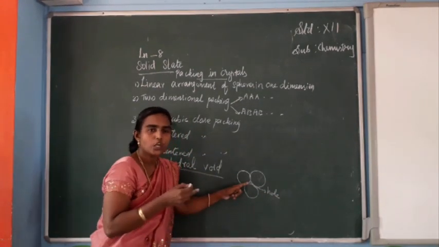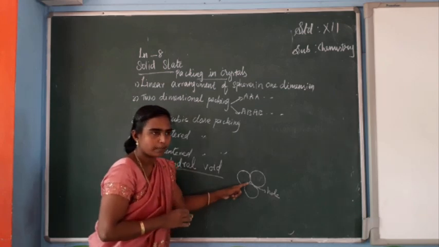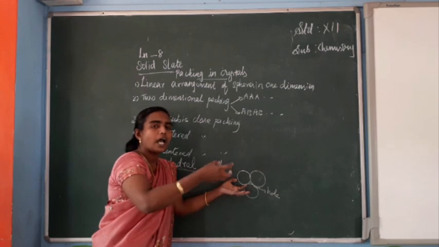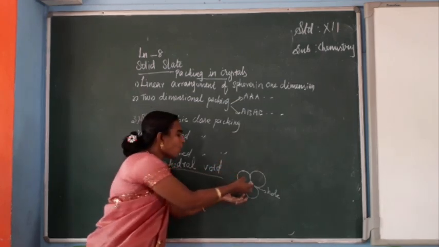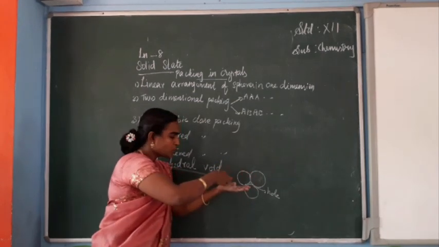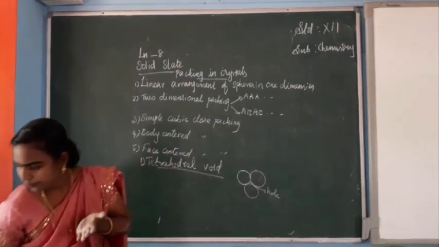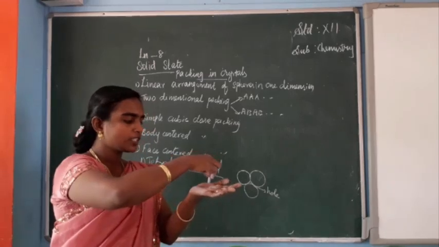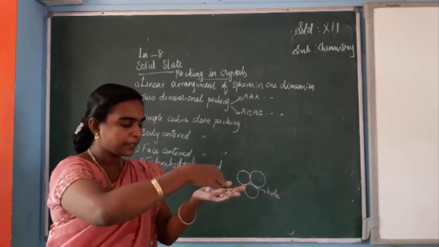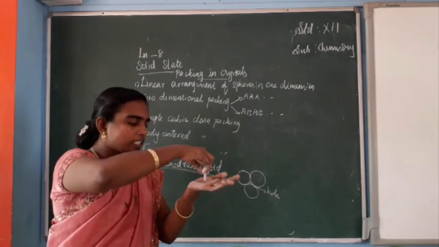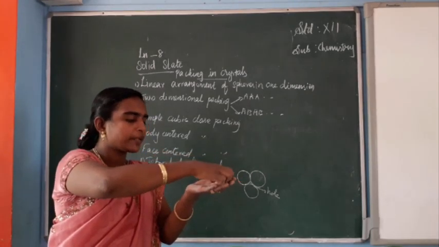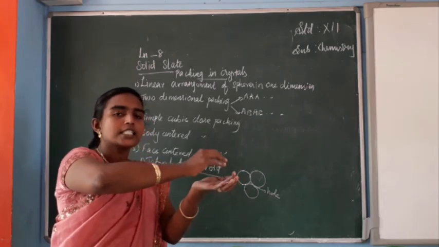Why we call it a tetrahedral void is that we are going to keep one more sphere over this void. Three spheres like this: here one sphere, here one sphere, and here one sphere. Over this hole, I am keeping one more sphere.